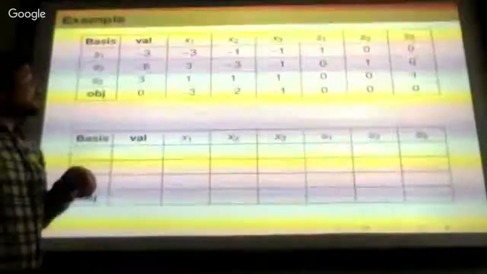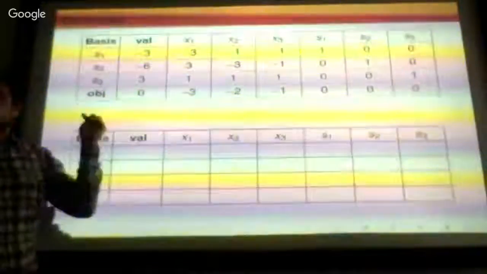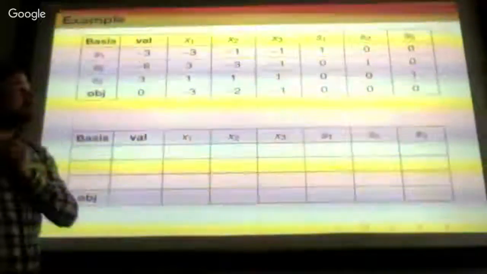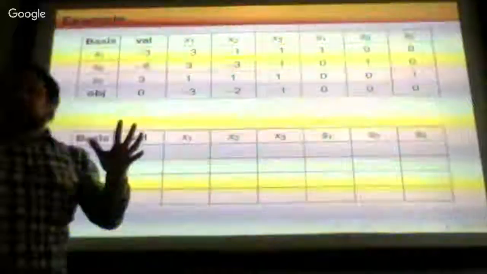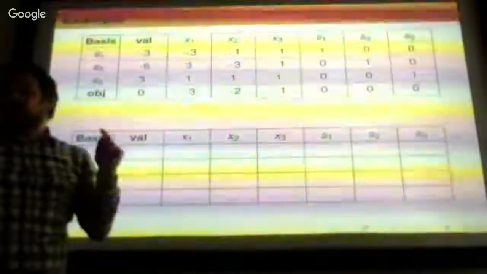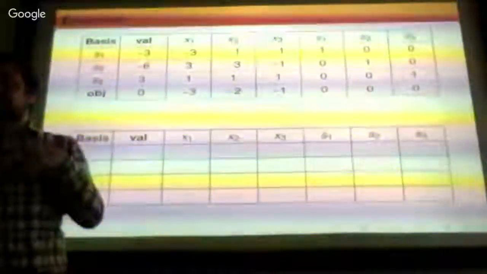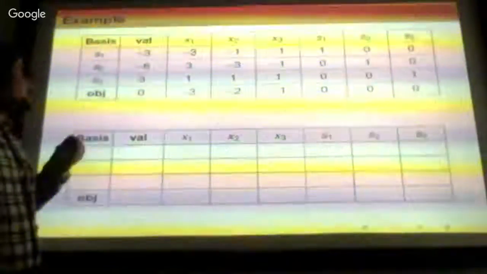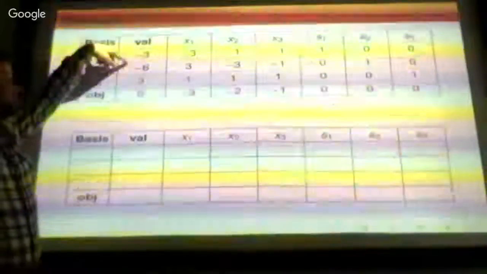So when we have negative right-hand sides here, we pivot in a slightly different way. And pivoting in a slightly different way means not that we do the actual row reductions in a different way, but we select the pivot element in a different way. The way we select the pivot element here is we look at the numbers in the val column, and some of them are negative.